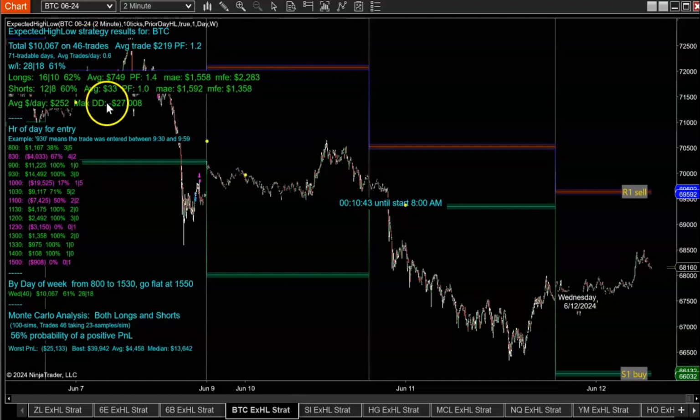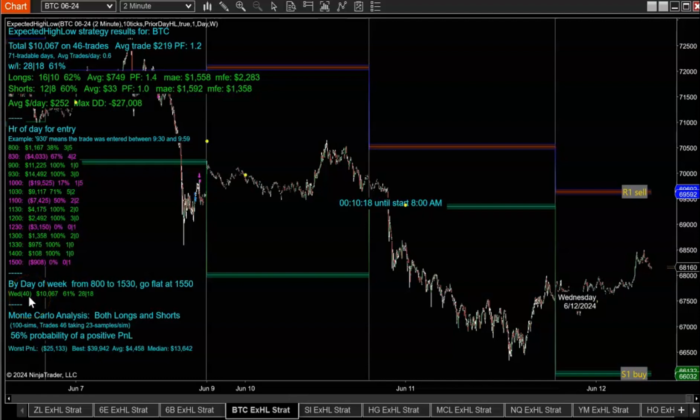Again, this is Bitcoin futures. Maximum drawdown is pretty heavy at $27,000. So, I mean, still on average every day you're making 252 bucks, but drawdowns can be significant. Now, again, this is looking over the last 71 weeks involved. So, of those 71 days, Wednesdays, we've traded 40 of them.